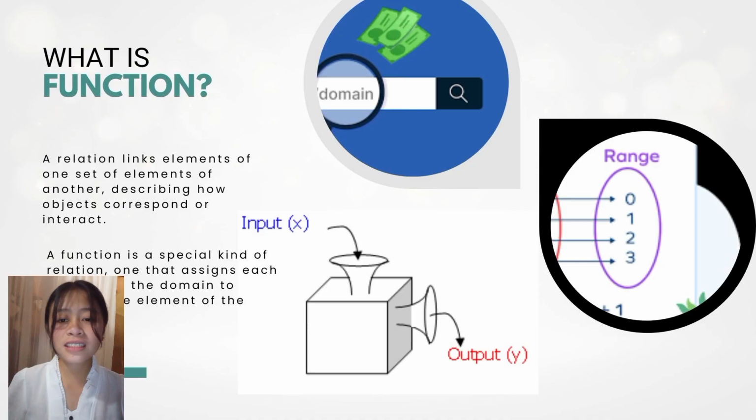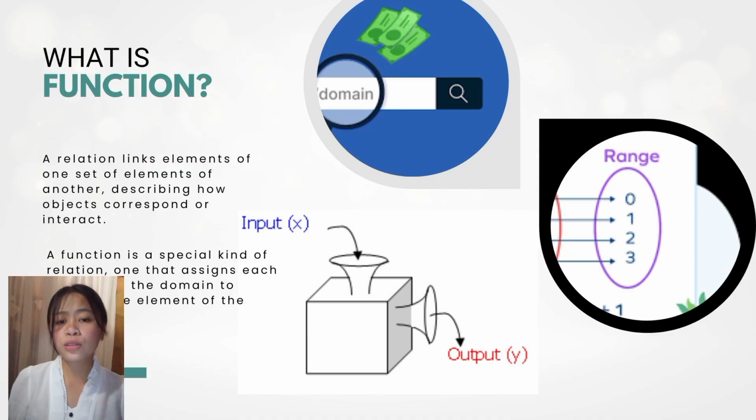A function is distinguished from a general mathematical relation by a crucial constraint concerning its inputs and outputs, which are derived from sets. Specifically, a relation is any defined connection between the elements of two sets, the domain, that is the input set, and the range, that is the output set.